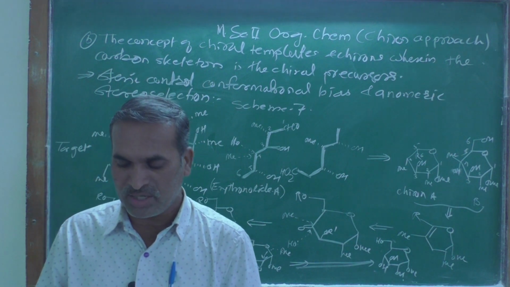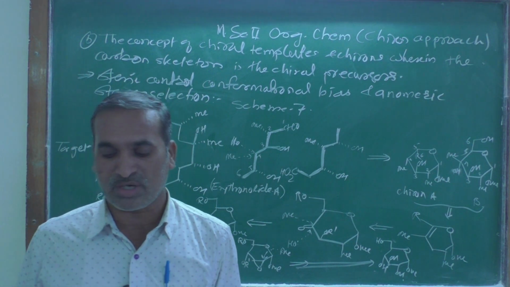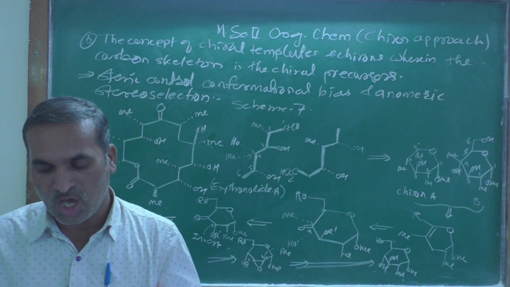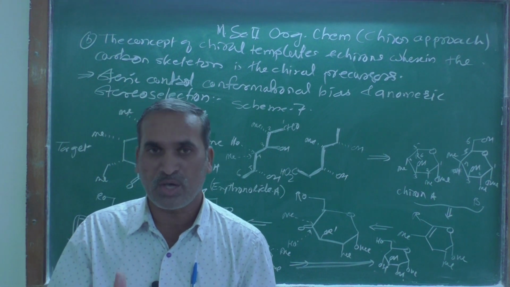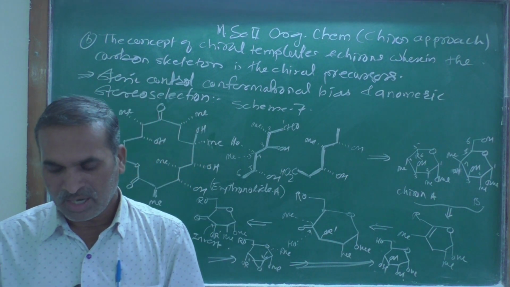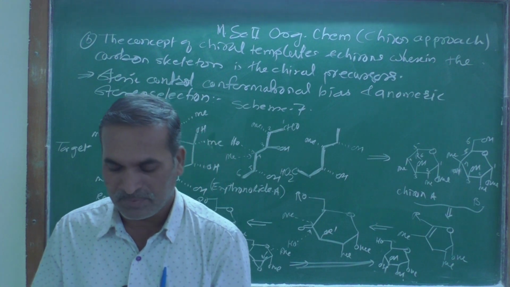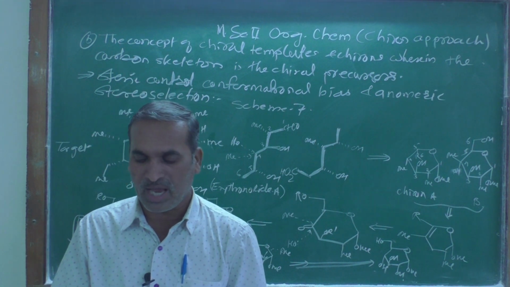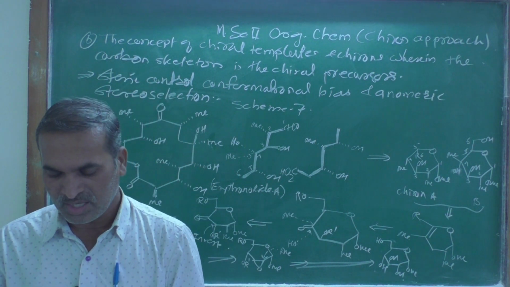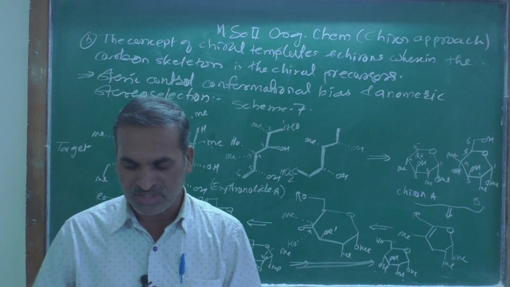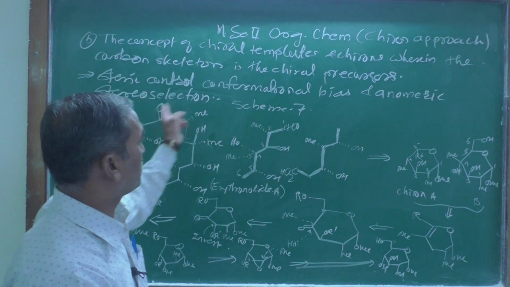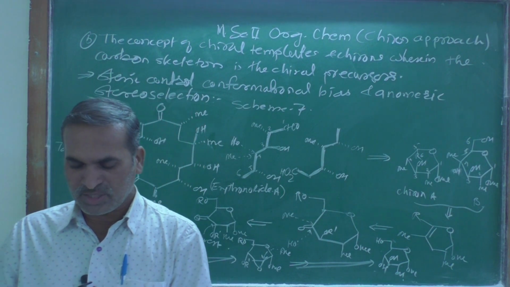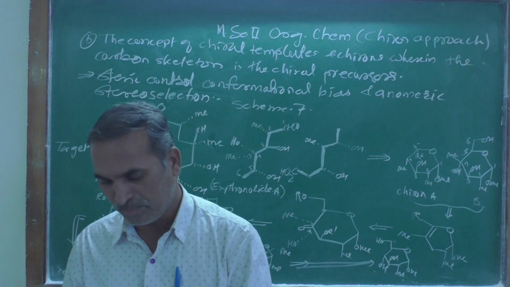Macrolide antibiotics as well as other natural products are derived from the propionate or polyketide biosynthetic route. The hidden carbohydrate-type symmetry in erythronolide A, for example, can be related to a 2,6 carbon segment. That is scheme number 7, shown here nicely, corresponding to chirons A and B.